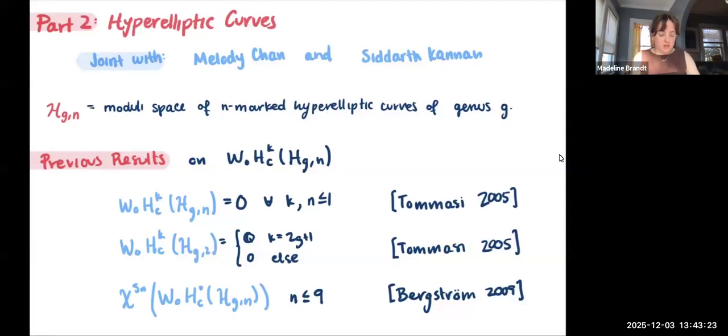And there's some previous results about the weight zero cohomology. In Tommasi's thesis, it was proved there are a few results along these lines. And then there's also a paper of Bergström in 2009, which computes the S_n equivariant Euler characteristic for all g, but n less than or equal to 9. I didn't say what this is either, but I will say that later because that's also the thing that we're trying to compute.